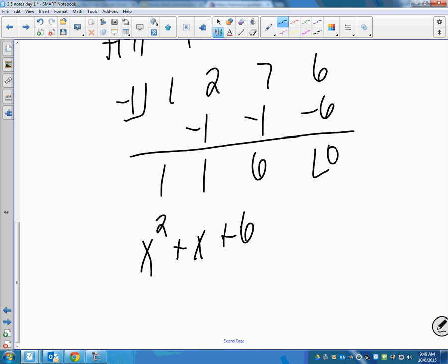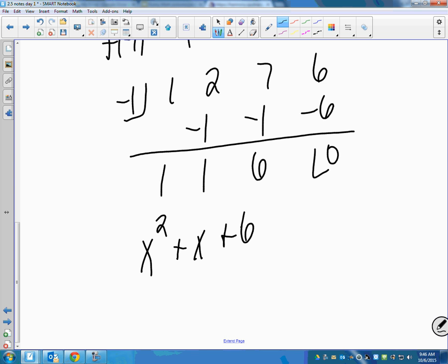Is that factorable? Multiplies give me 6, but adds give me 1. 3 and 2 would need to subtract to give you 1. You agree with me on that? Like, I don't think that's factorable.